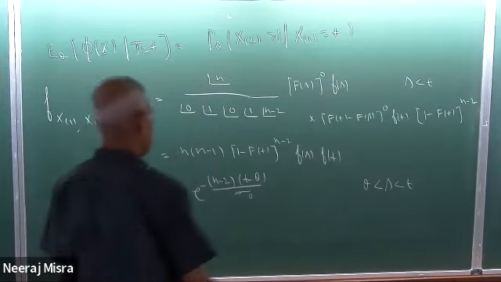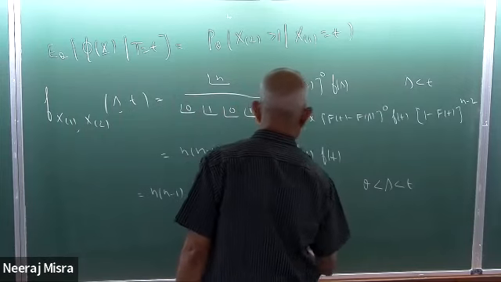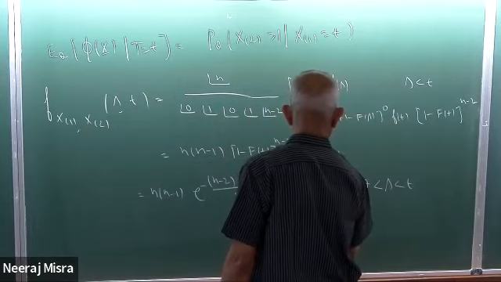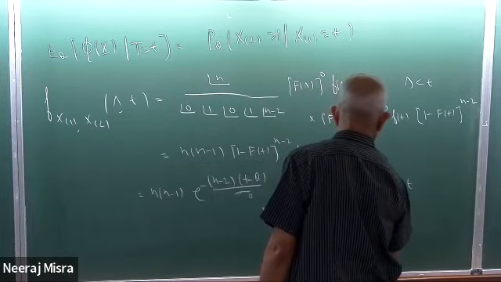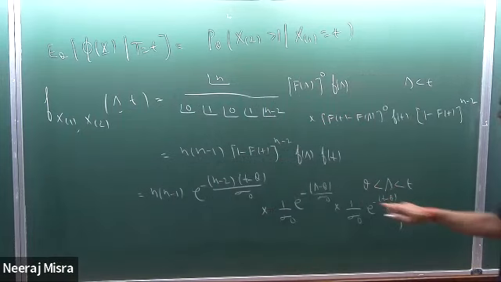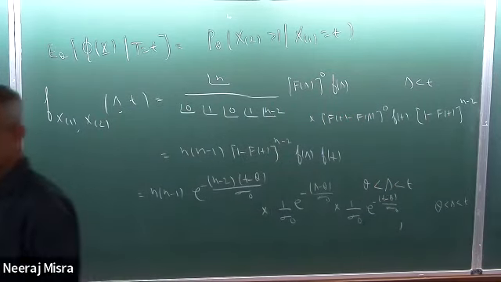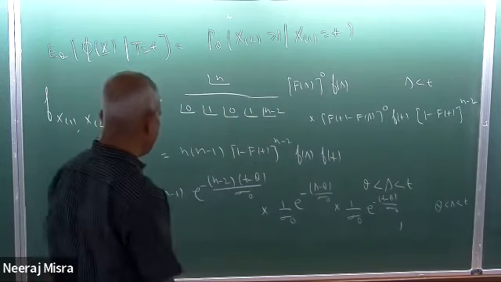Then f of s is 1 by sigma naught e to power minus s minus theta by sigma naught, into 1 by sigma naught, because for s bigger than theta, theta less than s less than t. Is that okay? So this becomes e to power minus n minus 1, right?